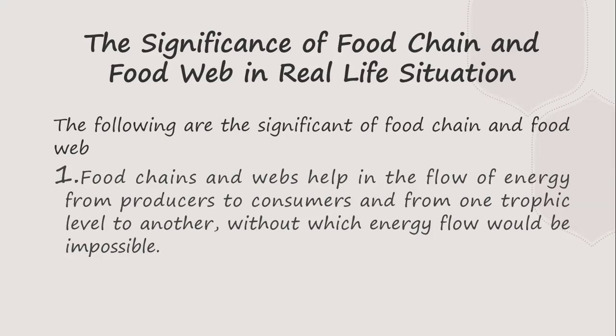So the food web and the food chain enable energy flow among organisms, from the producers, which are mainly plants, to consumers, and from one trophic level to another.